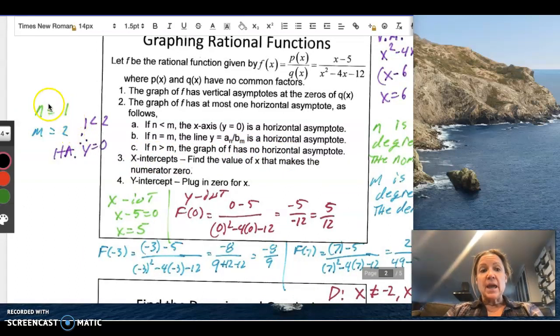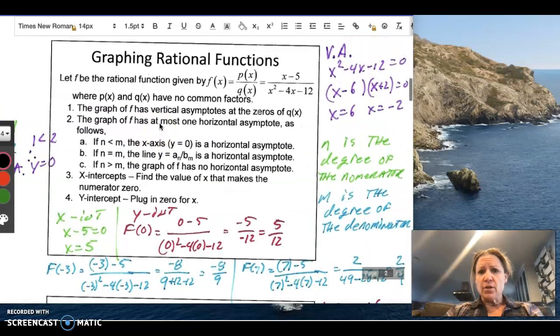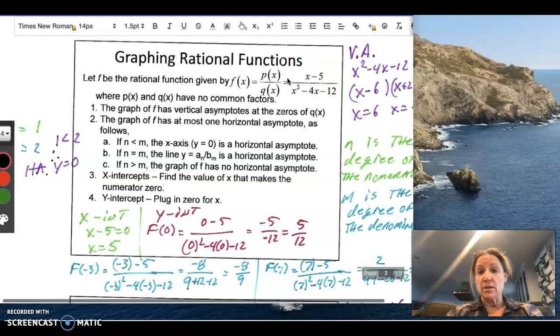So in this case, the n, if we look at the largest exponent here, is 1. So the x to the first power, even though you can't see the 1, it's 1.